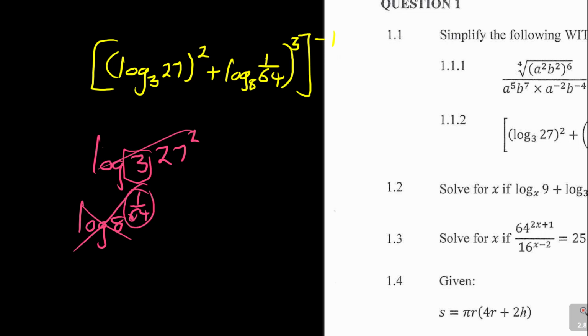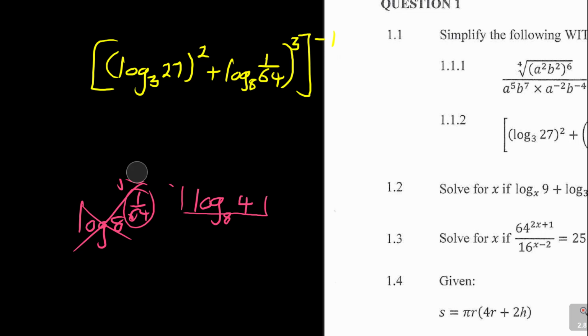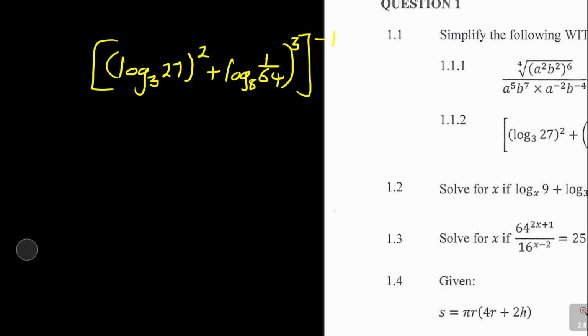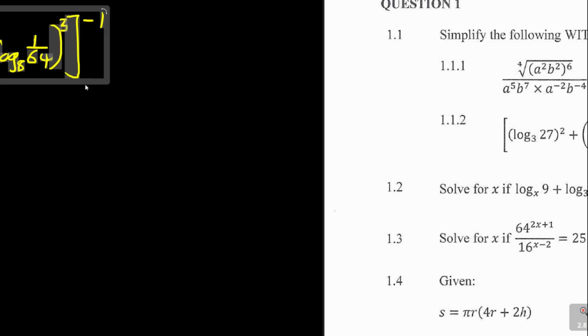So all these are wrong ways of writing. You must write it like this: log with 8 at the bottom, and then if it's 4, it must be in line. So you just need to know how to write this properly. Don't forget, with the logarithms, you just need to be comfortable in writing logs.